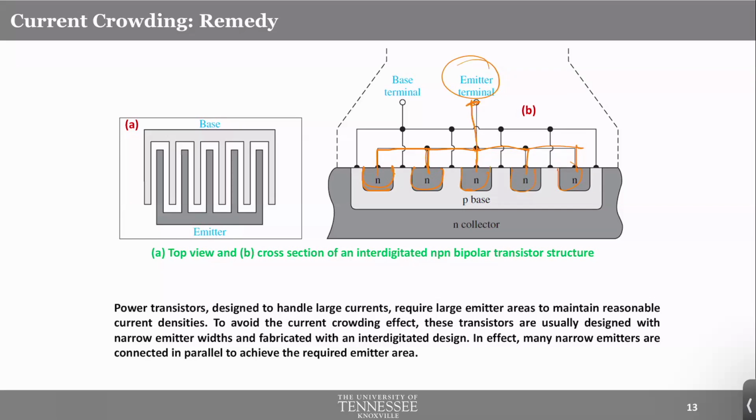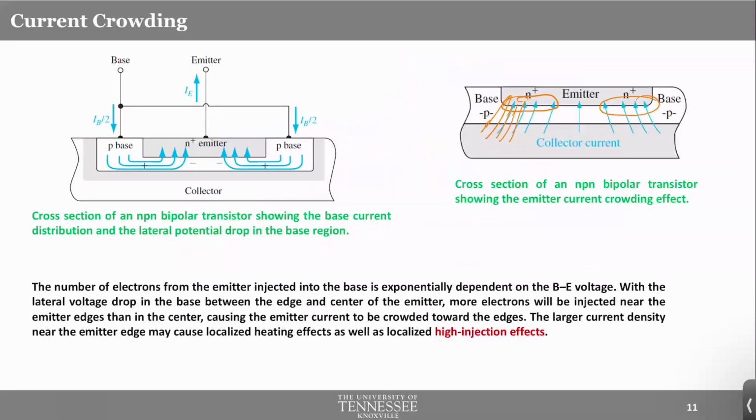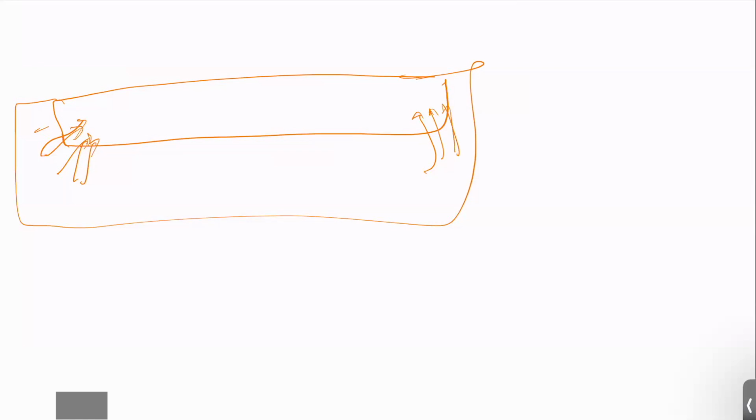But instead of using one big layer, you use smaller layers, so that even with current crowding, there will be less of a current crowding effect than if you had one emitter. So imagine, let me just draw it here. Imagine you had one emitter, which is really, really wide, and electrons are trying to get into the emitter. Most of the electrons will get in through these edges, and only a few will use this region anyways.